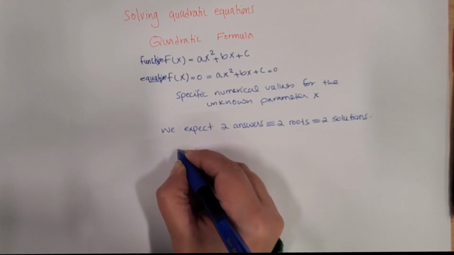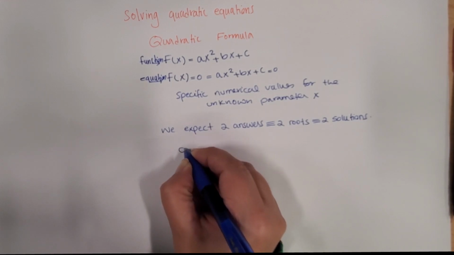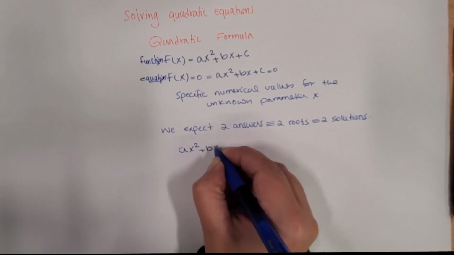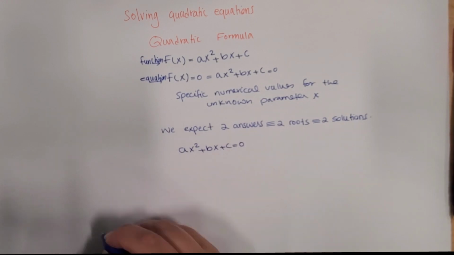Let's say the general form of a quadratic equation is ax to the power 2 plus bx plus c equal to 0.